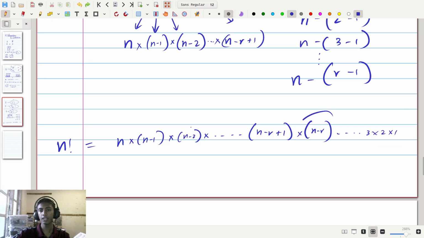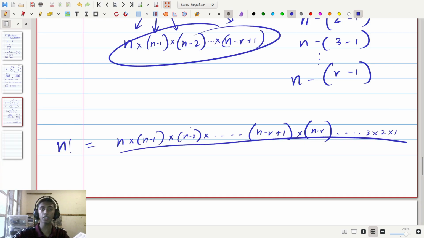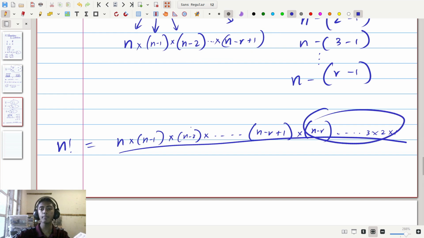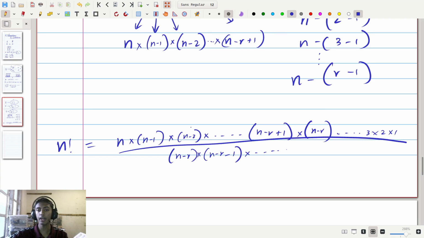Well, we can see all of these terms are multiplied, so all we have to do is divide by that same number. To get the total number of permutations that we have here, we simply divide by all of these terms, which is n minus r times n minus r minus 1 times all the way down to 3 times 2 times 1.